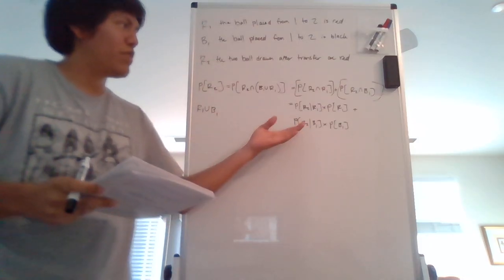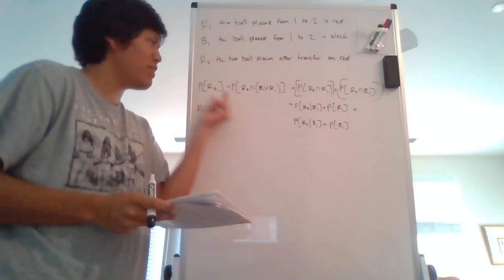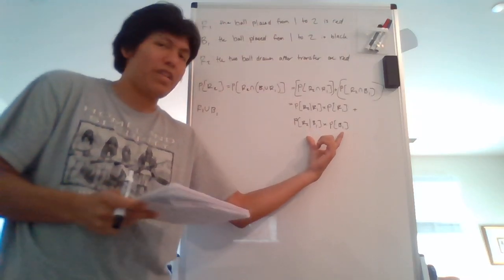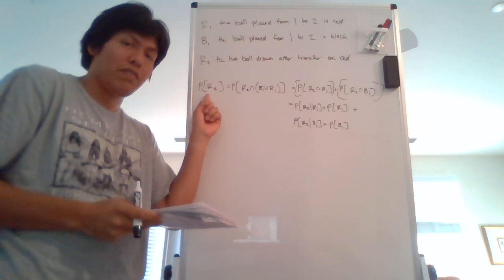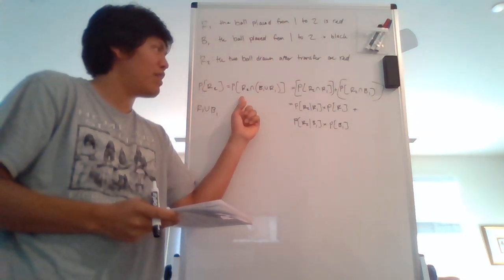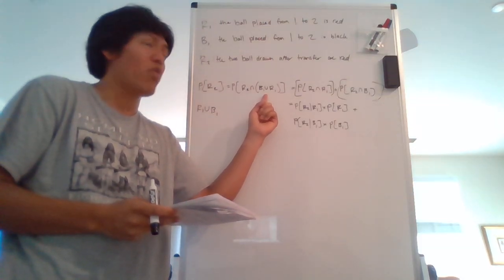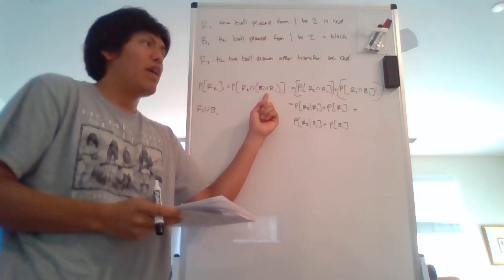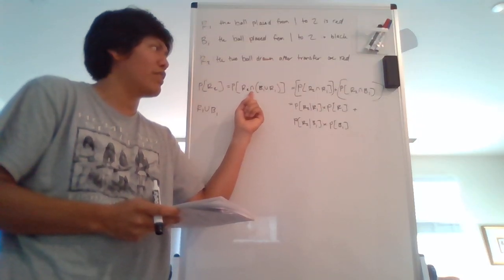Okay, so now we have conditional, so we have been able to basically find what we need to solve for in order to find the total probability of R2. So again, we rewrote this in this form where we realized that either B1 or R1 has to happen in conjunction with R2. That's why there's an intersection there.